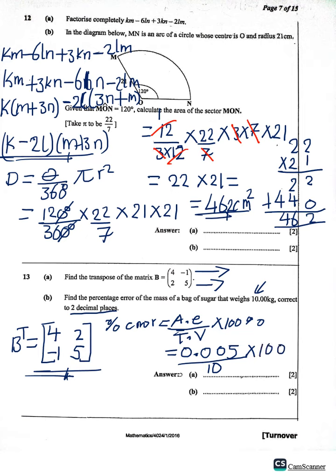So if we multiply, we can cancel this, so our final answer is 0.05%. Okay, so 0.05, that's our final answer.